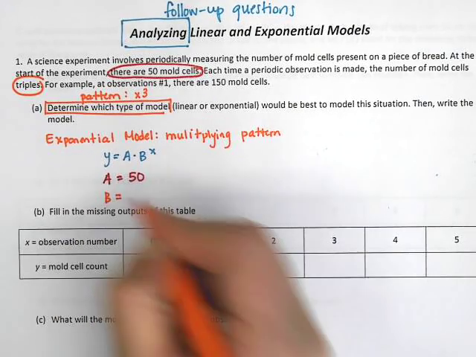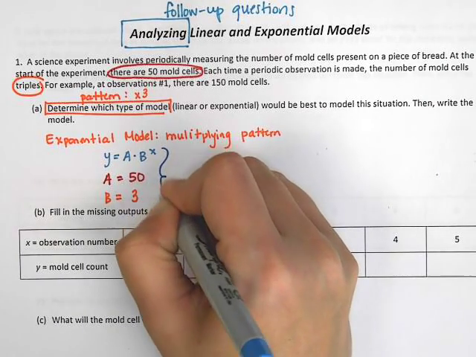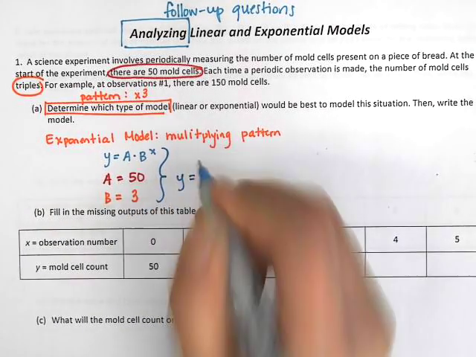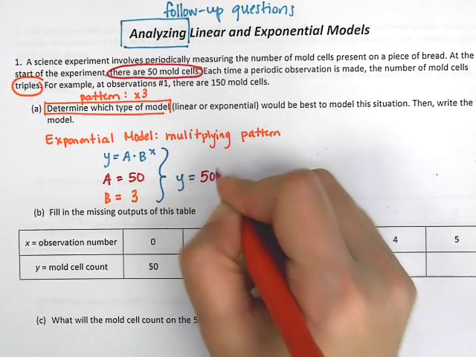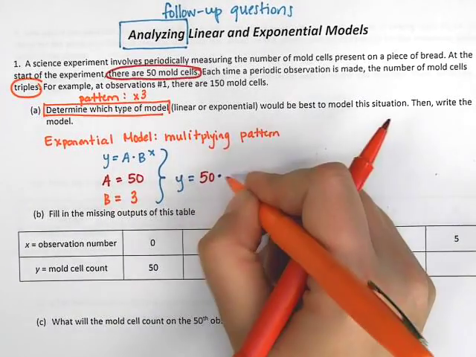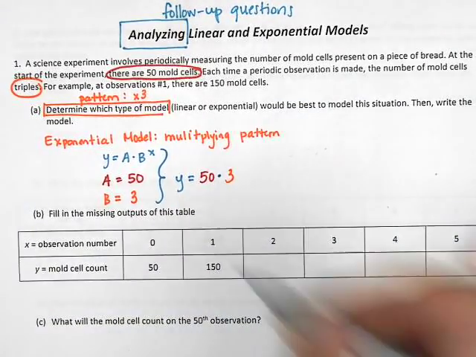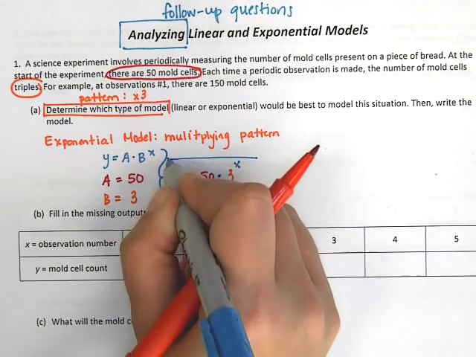How much are you multiplying by? Which in this case would be 3. So the equation that I'm going to come up with is going to be y equals 50 times 3 to the x power. And that would be the second part of my answer.